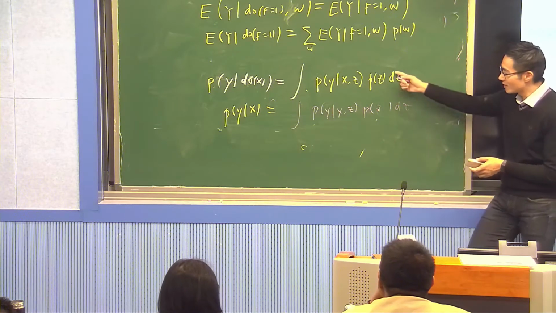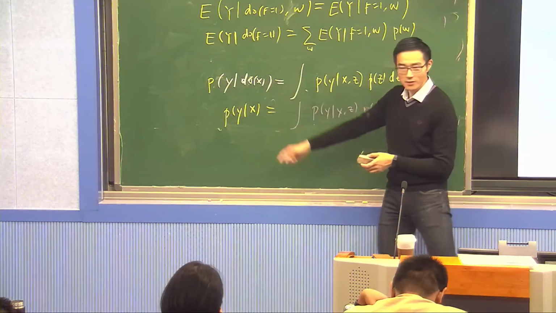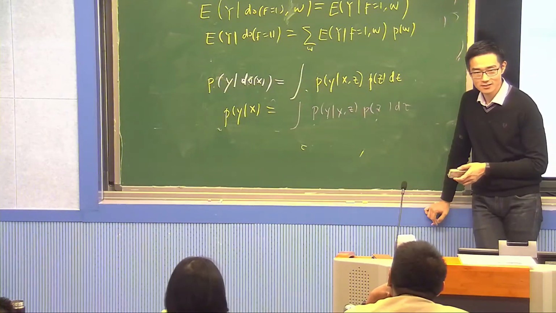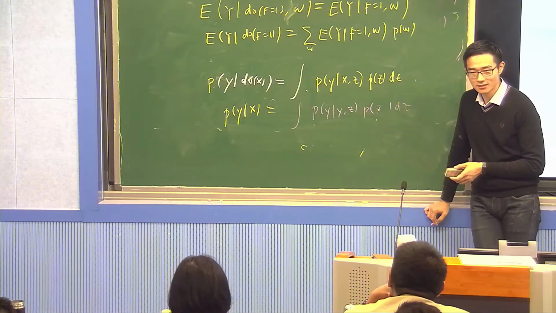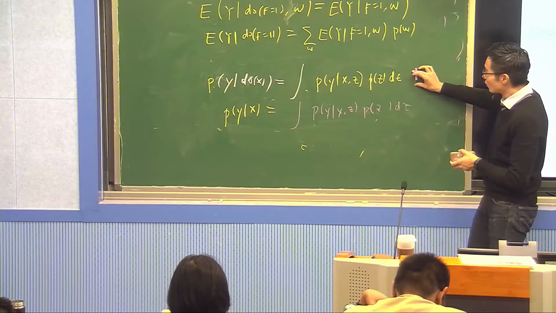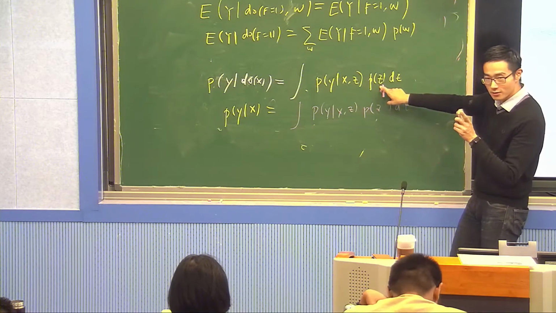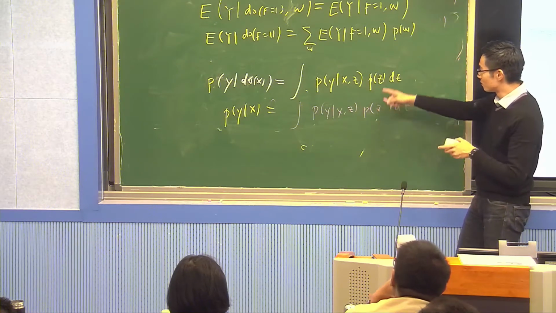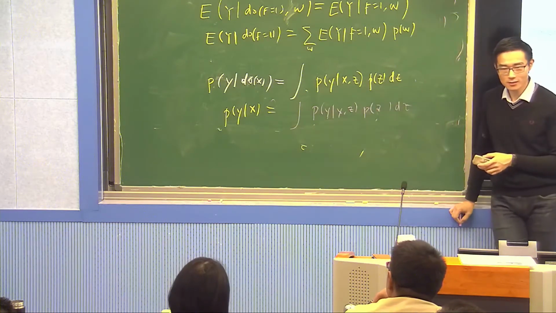If it's the same, then P(y | do(x)) is always going to be equal to P(y | x). What's wrong here? This is the formula when we have a z that satisfies the backdoor criterion. But is it actually equal to P(y | x)?